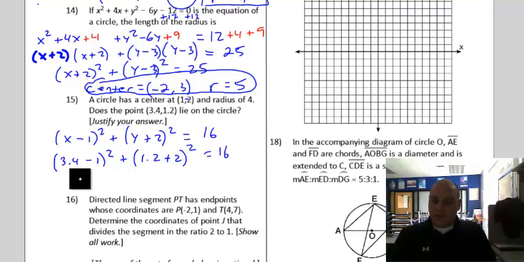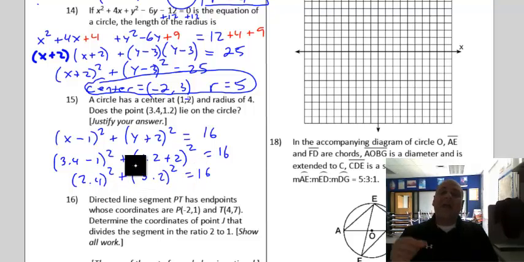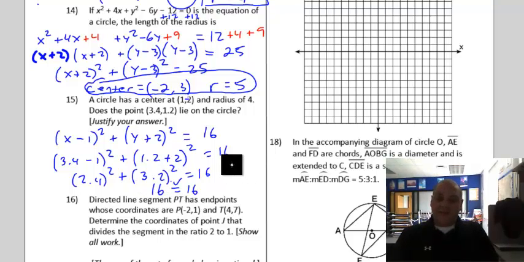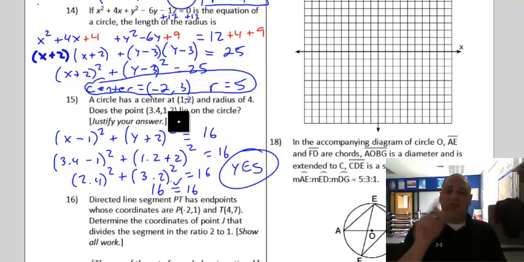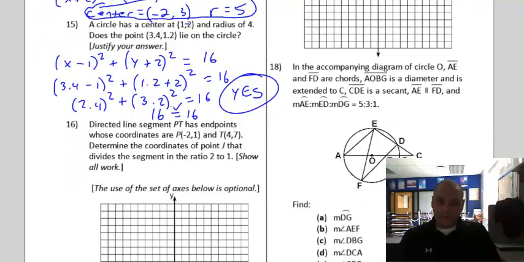And then this is going to be 2.4 squared plus 3.2 squared. And you're just going to throw this in your calculator, and you do get 16. 16 equals 16. All right? So, yes. The answer is yes. It is on the circle because it gives you both sides equal.